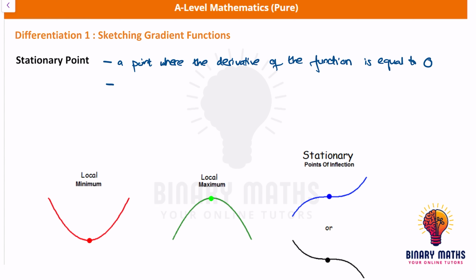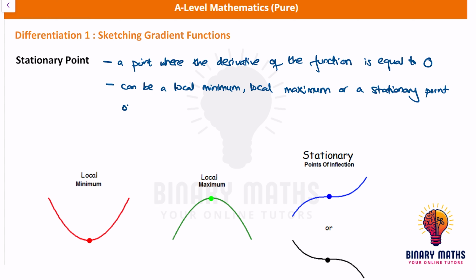It can be one of three things. It can be a local minimum, a local maximum, or a stationary point of inflection.